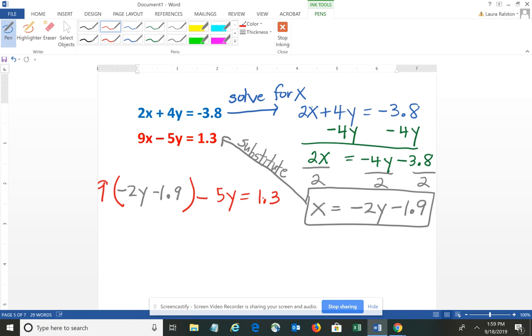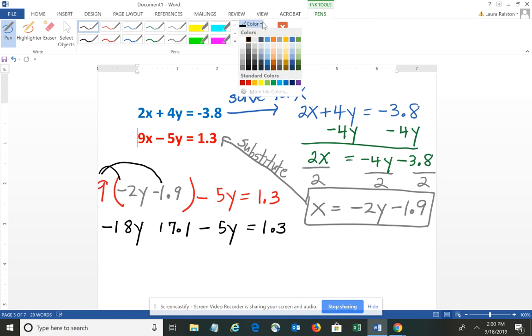And the first thing I'm going to do is distribute the 9. Okay, so we would have 9 times negative 2y is negative 18y. 9 times negative 1.9 is minus 17.1, minus 5y equals 1.3.